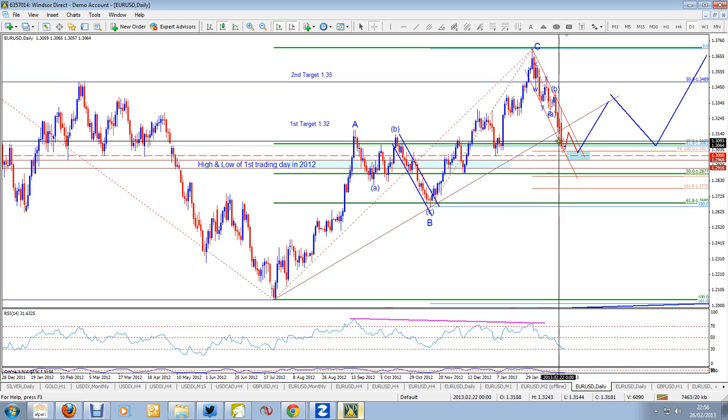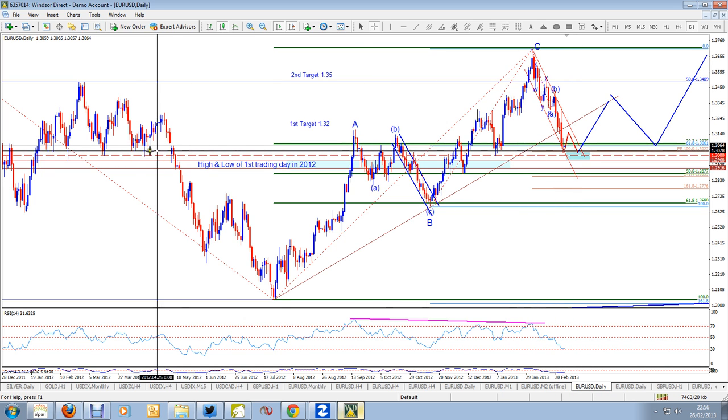So we have now reapproached the same zone basically, and the zone we are talking about essentially is this here. So in that area we had lots of support, we had resistance, we bounced on that area, and we've come back into that area. So I'm still expecting, at least for a short while, that there will be interim support.